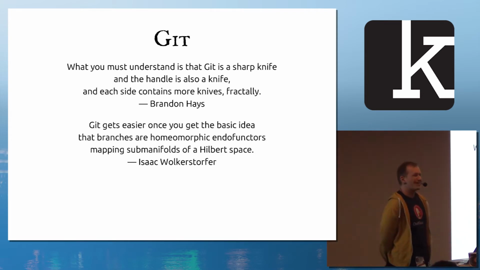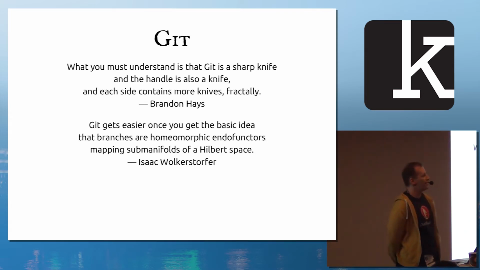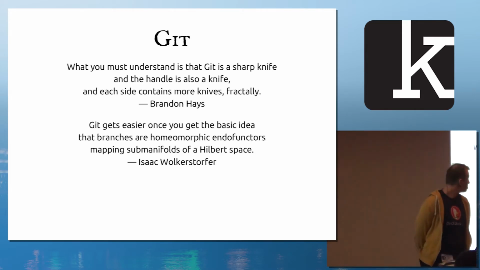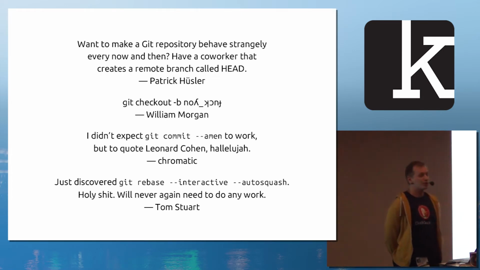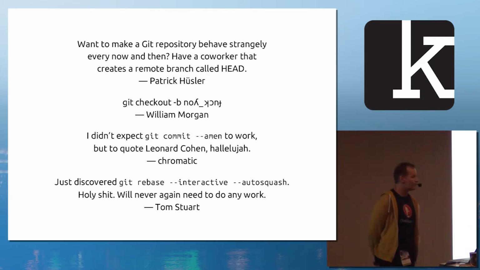And the nice thing about Git is you can play very nice games with your team by using Git. You can create a remote branch called head and see what happens, especially close to a release that's actually very nice. You can use Unicode names because these are just files on the disk.